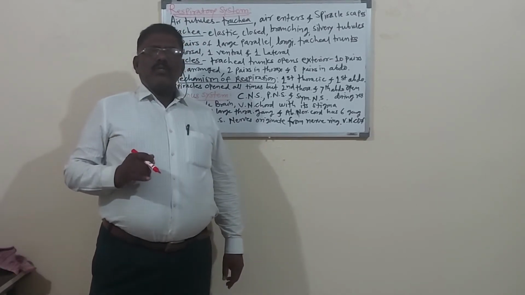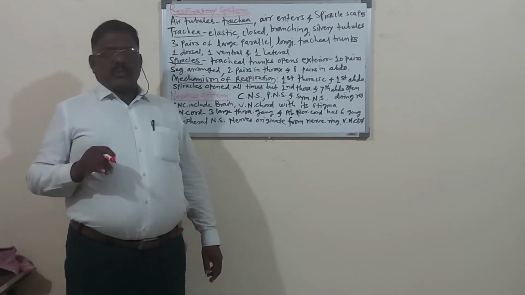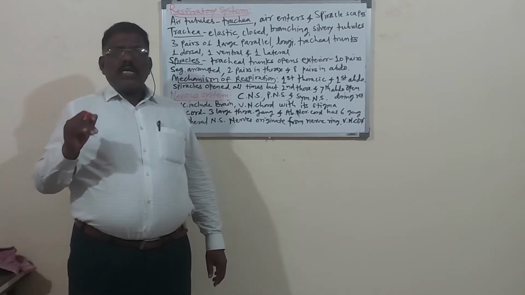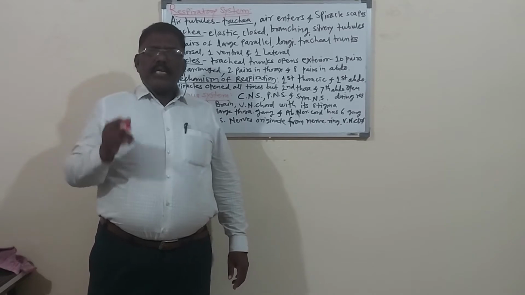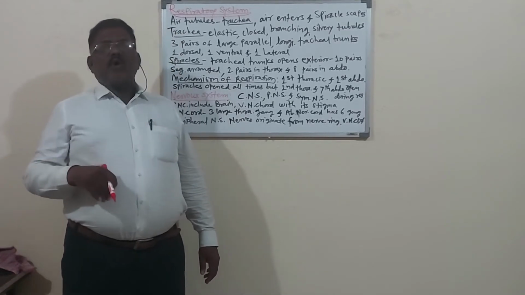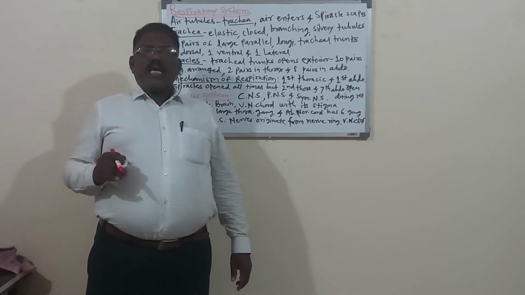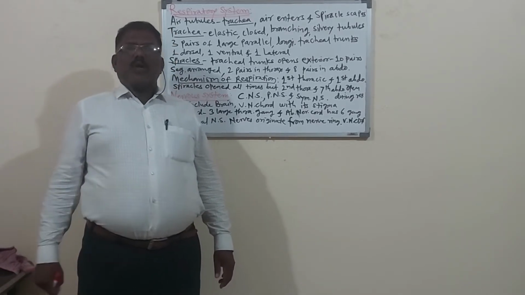Dear students, you know the respiratory system in any animal. In the respiratory system, fresh air is taken from the atmosphere inside the body, oxygen is utilized in the cell and converted into carbon dioxide.